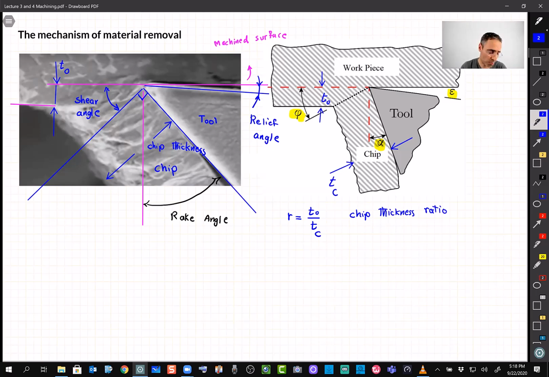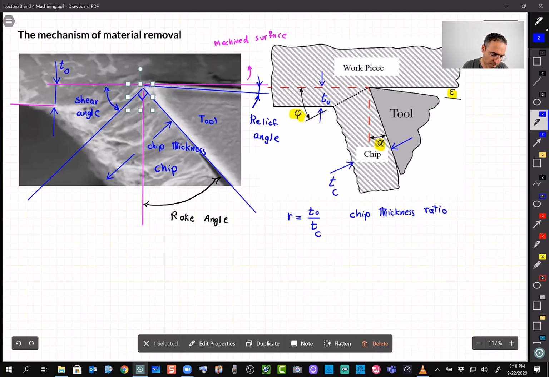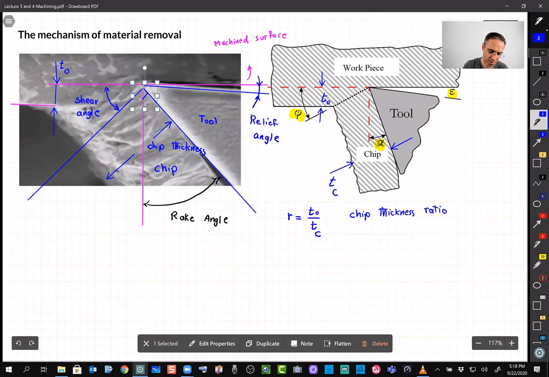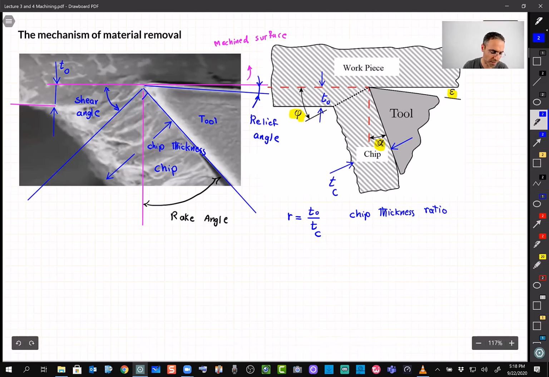Oh, that's a good point. Thank you for bringing it up. To make it more general, for now, let's forget about this angle being 90 degrees. Thanks for bringing that up. I was just mentioning a special case when it becomes 90 degrees. So the shear angle is not necessarily equal to the rake angle.